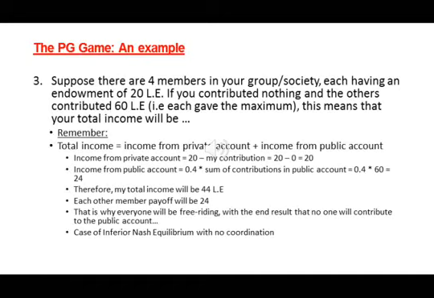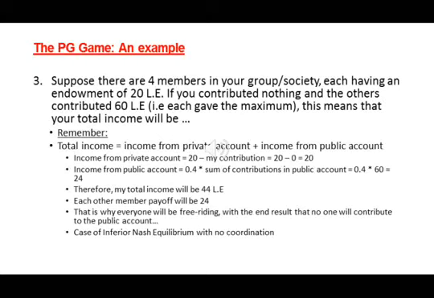So that's why everyone will be hoping to free ride, on the hope that the others will not free ride, but with the end result that no one will contribute anything to the public account because everyone is going to do the same. So this will be the case of inferior Nash equilibrium with no coordination.